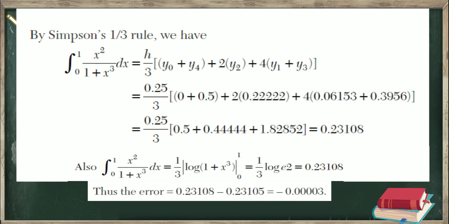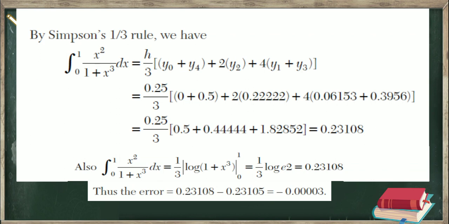Substitute the values: 0.25 upon 3 [0 plus 0.5 plus 2 into 0.2222 plus 4 into (0.06153 plus 0.3956)]. After solving this, we get 0.23108.